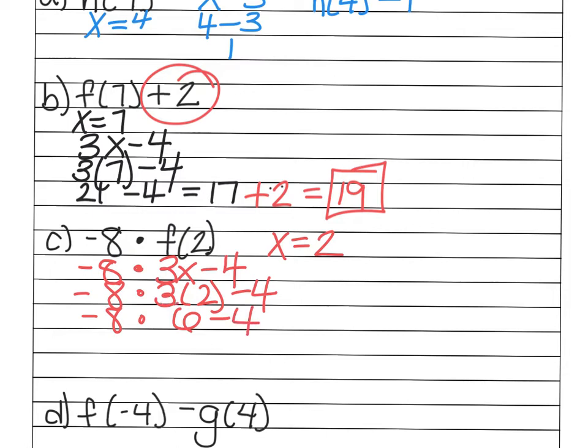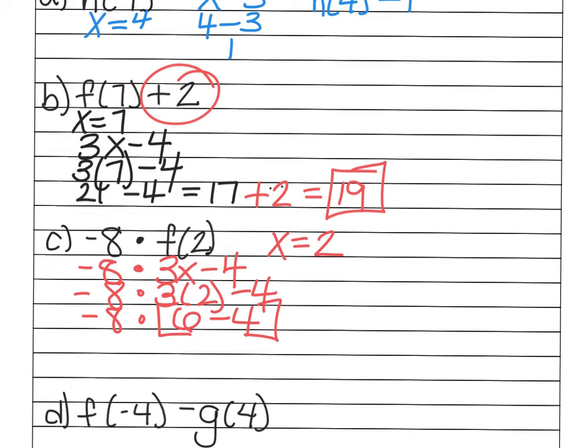Now, you want to simplify your f of 2 equation first before you multiply it by the negative 8. Just because you have to solve that whole function first before you can apply anything that is on the outside of the function. So in this case, we have a negative 8.